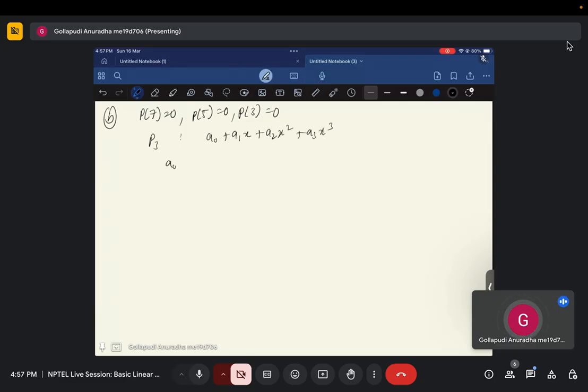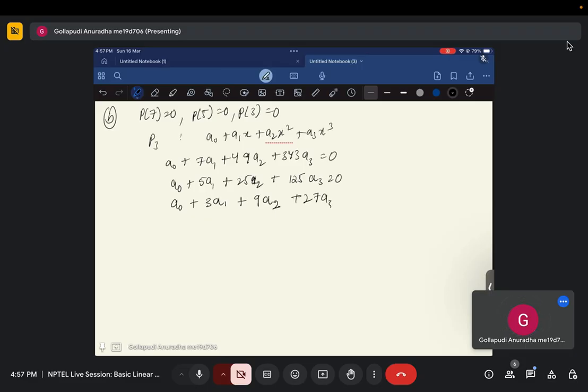So a0 + 7a1 + 49a2 + 343a3 = 0, a0 + 5a1 + 25a2 + 125a3 = 0, a0 + 3a1 + 9a2 + 27a3 = 0. Okay, now I want to find the basis. So how can I do that?